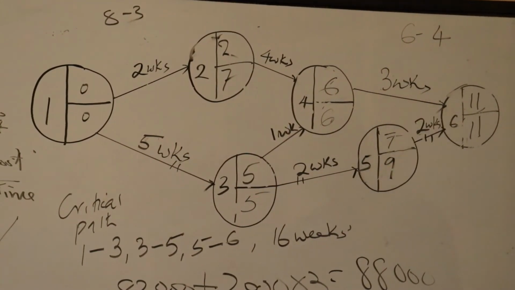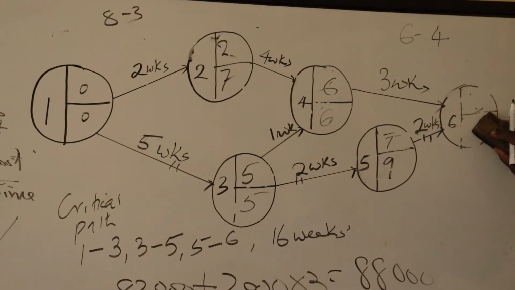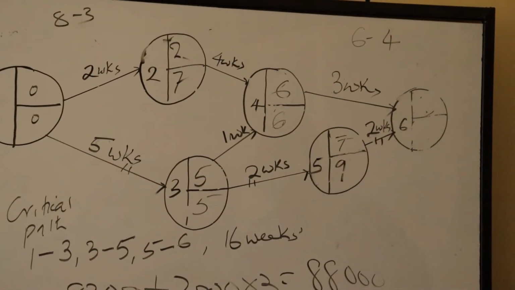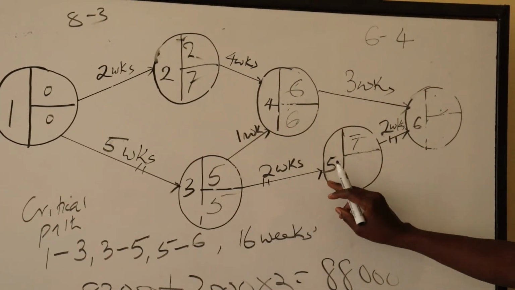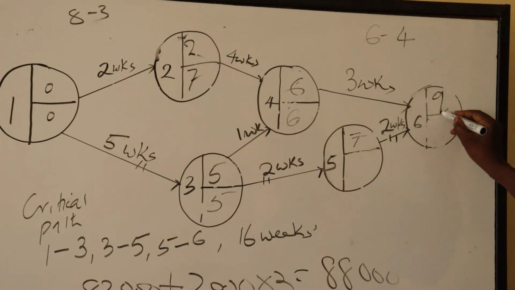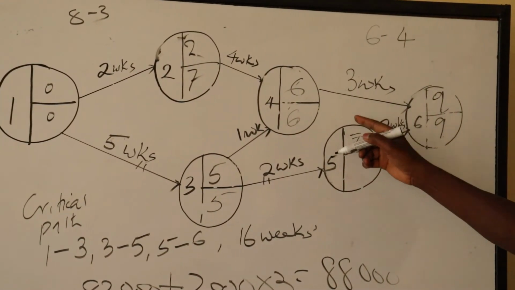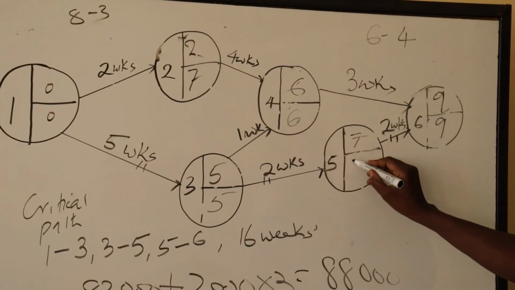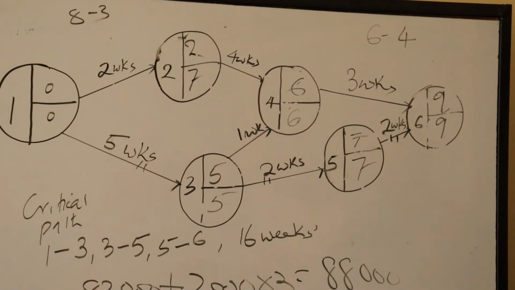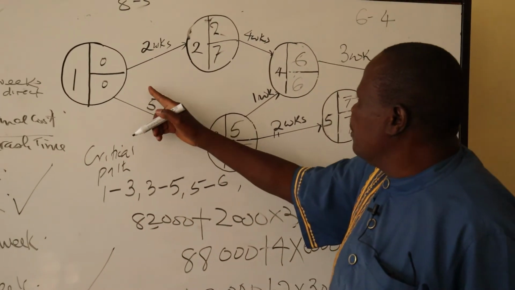6 plus 3 is 9. 7 plus 2 is 9. So this is 5 plus 2 is 7. 7 plus 2 is 9. And this is 9. 9 minus 3 is 6. 9 minus 2 is 7. To the viewers, you can now see that all the paths in this project have become critical paths.